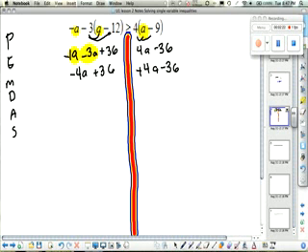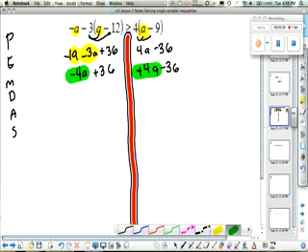Continue moving all the variables to one side. Again, here are my variables. I've got my A's here. I've got my A's here. I want to move them all to one side so they're all together. In order to keep things positive, I like being a positive person, so I'll add 4A here, and these will cancel. The negative and positive cancel.